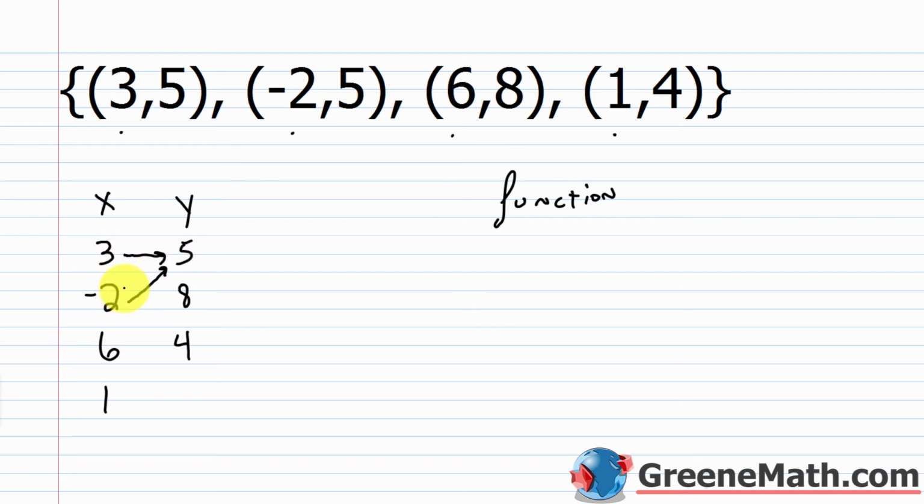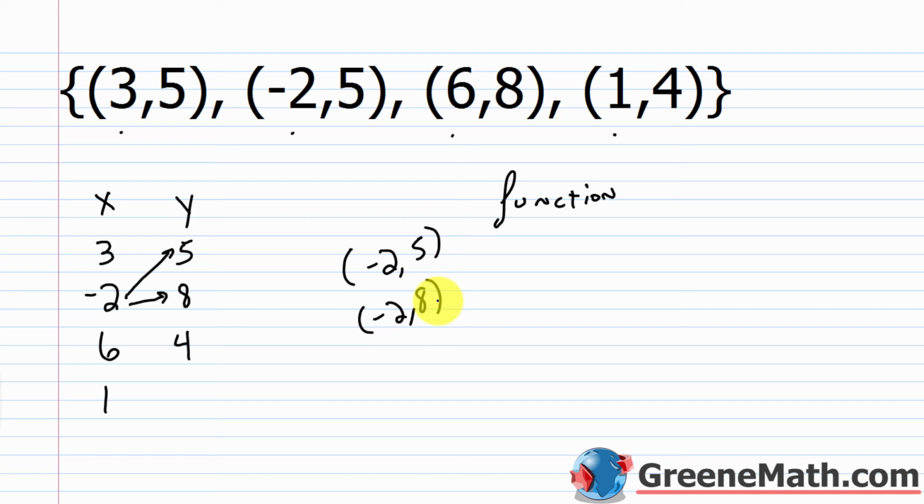Two different x's can be linked to one y. No problem, because if you say, hey, what is the value of y given that x is negative 2? You have a clear answer. It's 5. That's all right. What you can't have, let me erase this real quick, we'll come back to it, is this going to two different ones. Let's say I had something with negative 2, 5 and negative 2, 8.